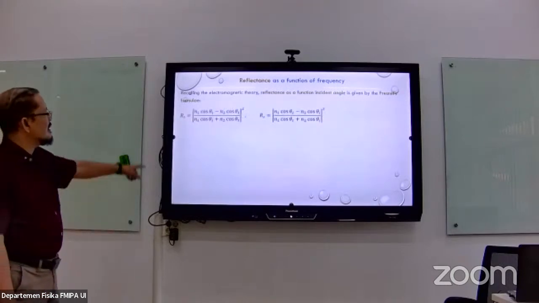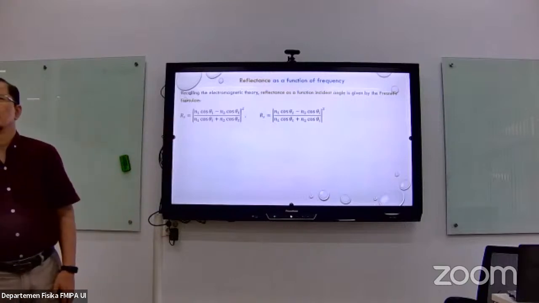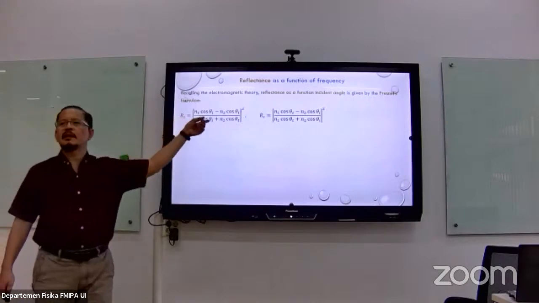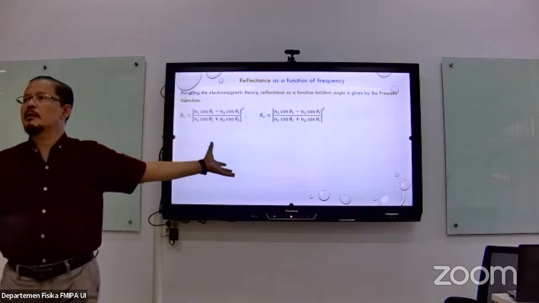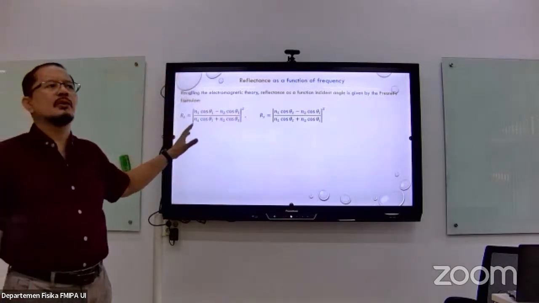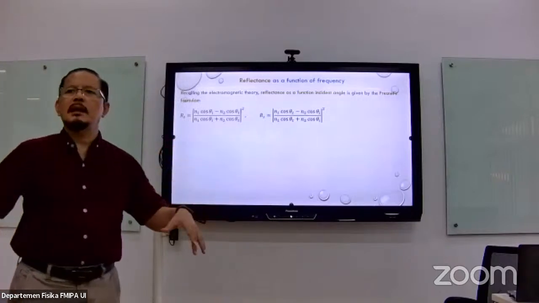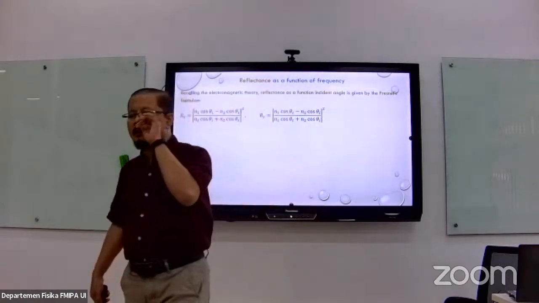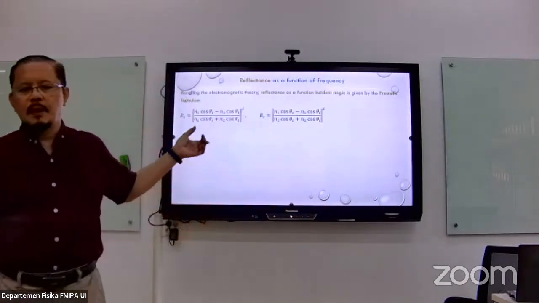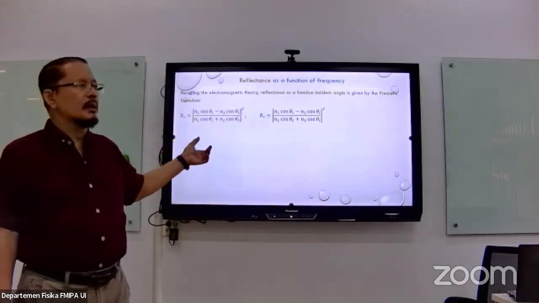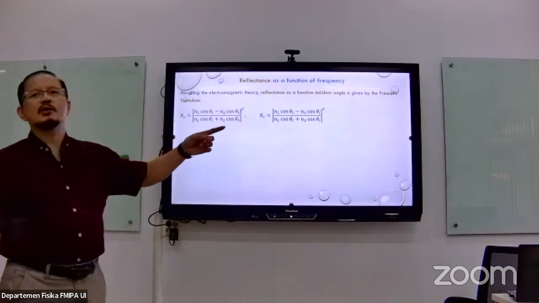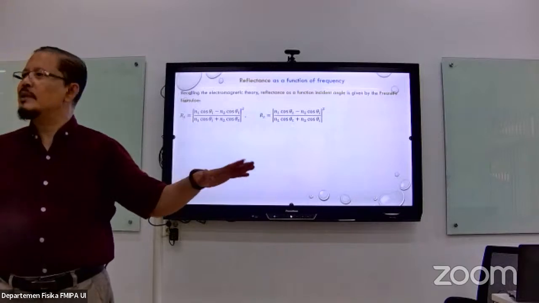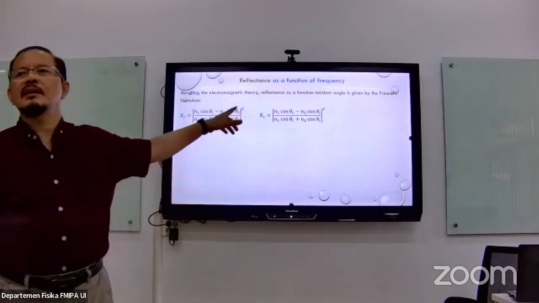You may have learned this formula, right? These are the formulas called Fresnel formula from electromagnetic theory. Whether you learn it here in this bridge program at Phi, I believe the students learn this formula twice when they are in the first year.